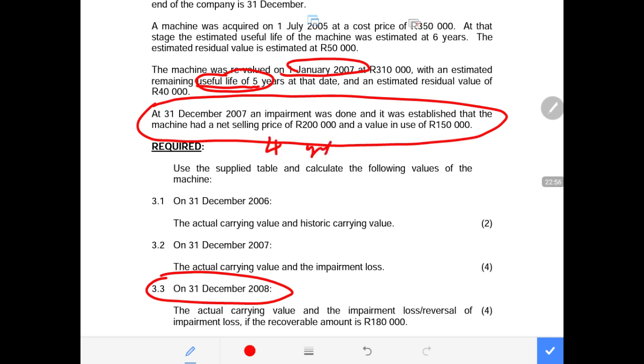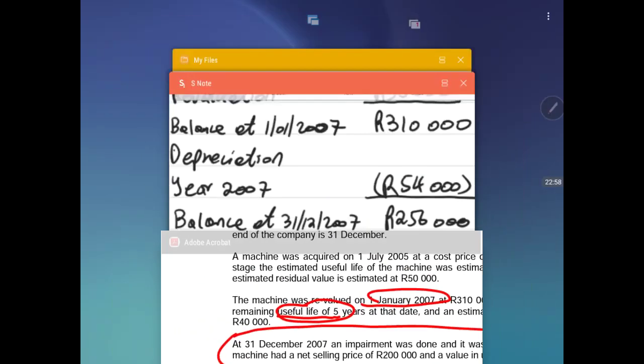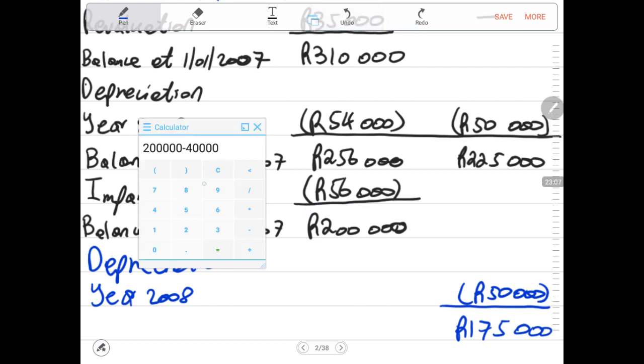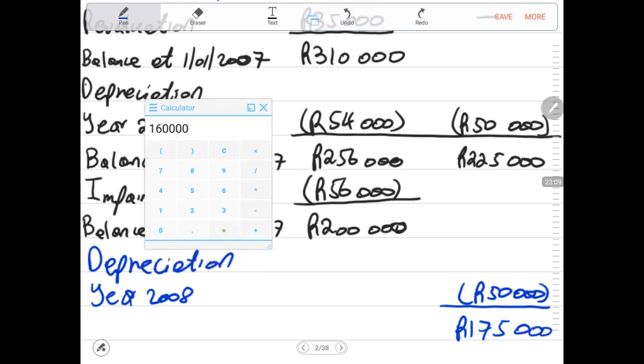So that is why we'll divide by 4, not by 5, because at this point in time 4 years are left. So 200,000 minus 40,000 residual value gives us a depreciable amount. Divide by 4, we get to 40,000 rands of our depreciation. And this question, guys, is very important to master all these dynamics. Reallocation approach.